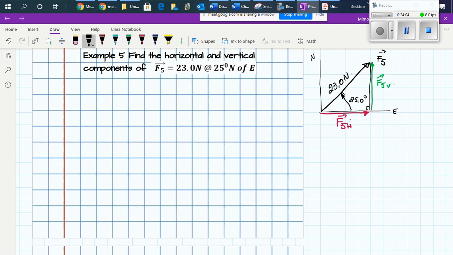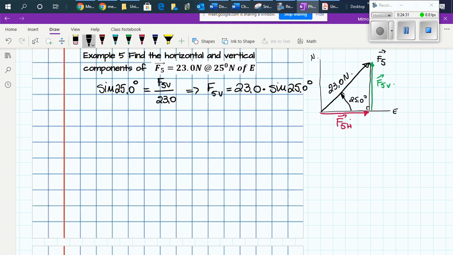Now, the vertical component is opposite of 25 degrees, so it will be sine. So sine 25 is equal to the vertical component over 23. From here, we find that the vertical component will be 23 times sine 25.